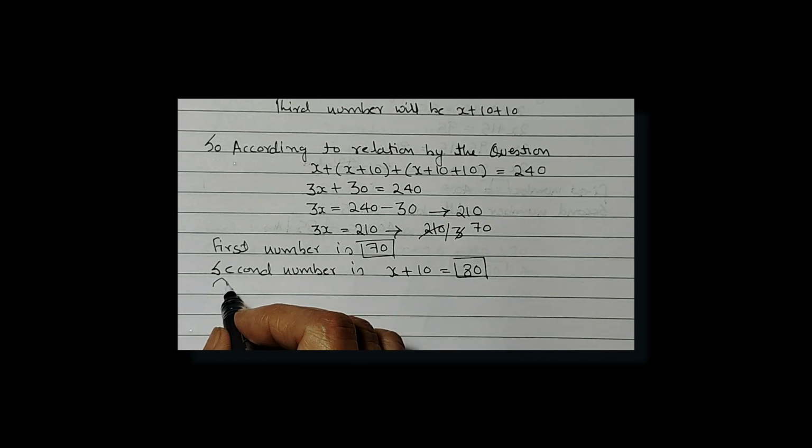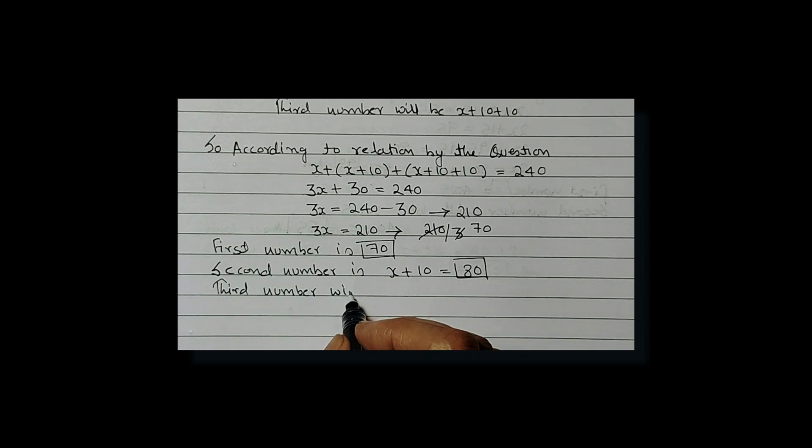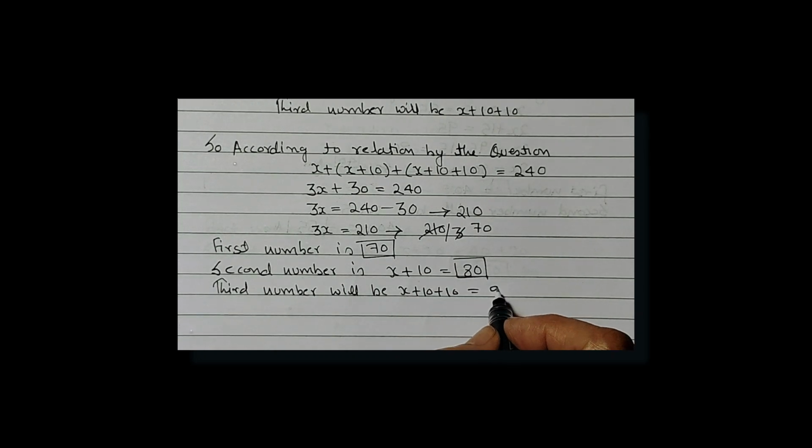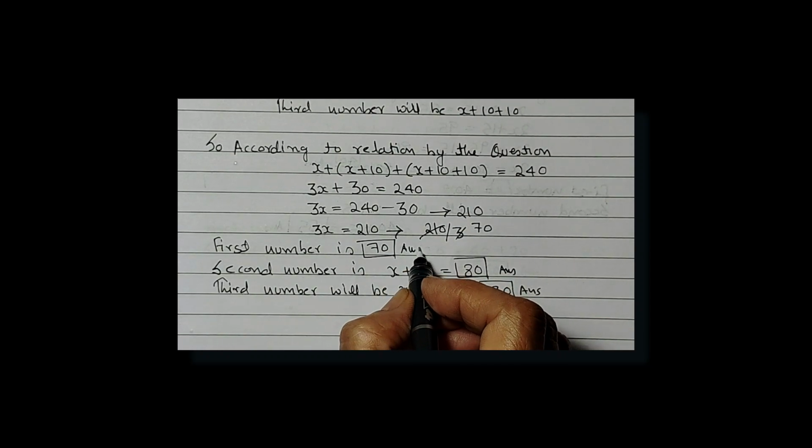Similarly, third number will be x plus 10 plus 10, which is equal to 90. So these are the three numbers. It is our answer. These are the three numbers.